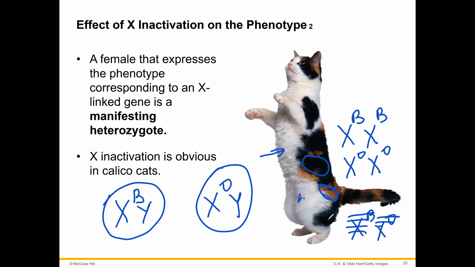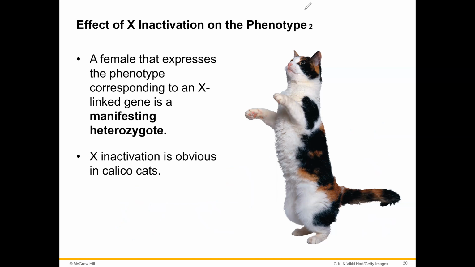It's interesting that calico cats are almost only female. Very rarely we can have male calico cats, but then they need to have trisomy, XXY chromosomes. That is not a normal genotype.